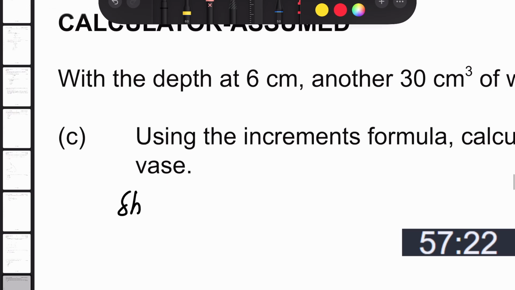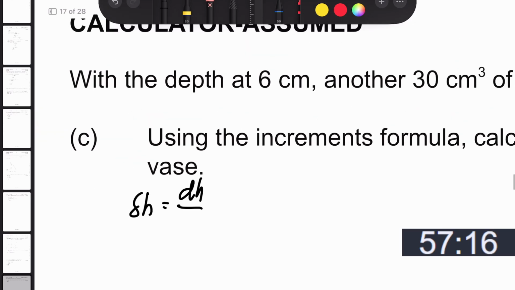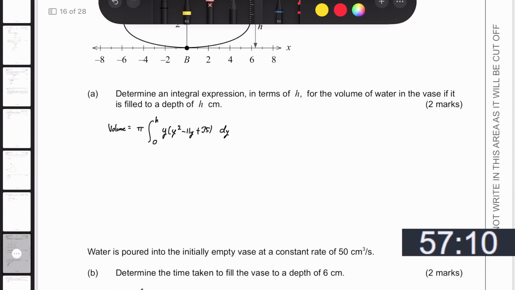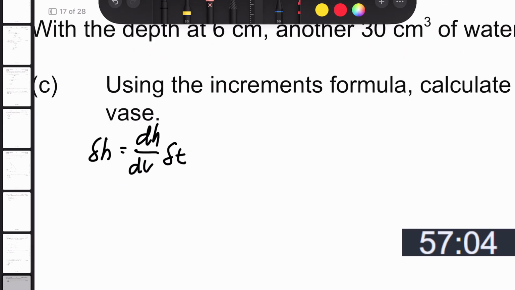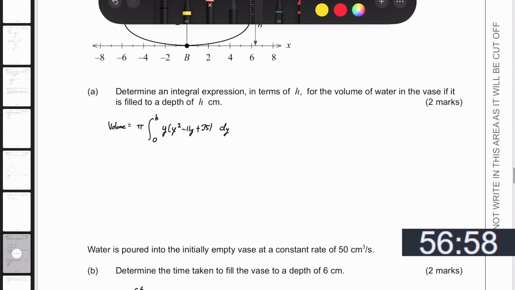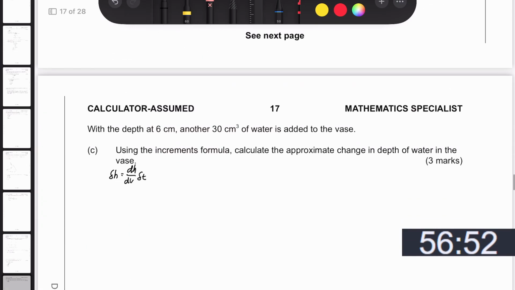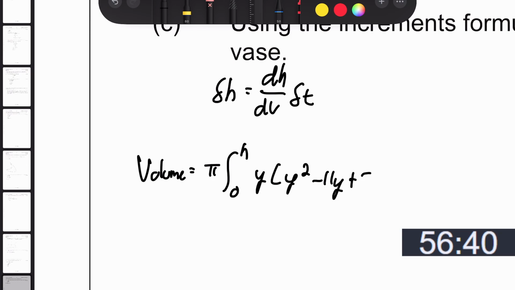So approximate h. I want this to be dh, dv. Volume is equal to pi of h of y squared minus 11y plus 35 dy.